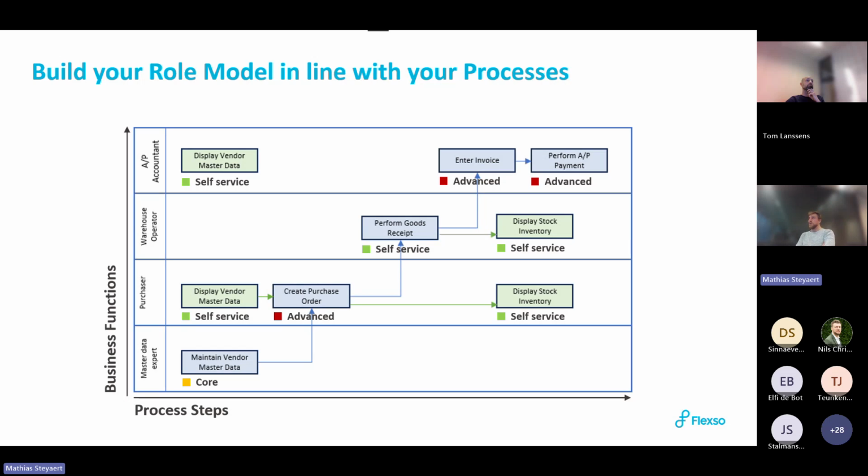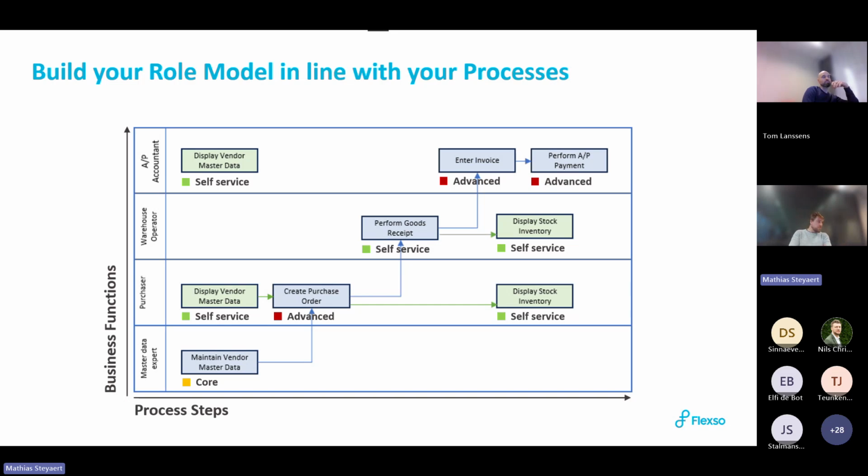After the purchase order has been sent out, there's a goods receipt by a warehouse operator, who also displays, for instance, the stock, making sure that the goods movement was entered correctly. And then afterwards, your AP accountant checks again the vendor master data, enters the invoice, and performs the payment.